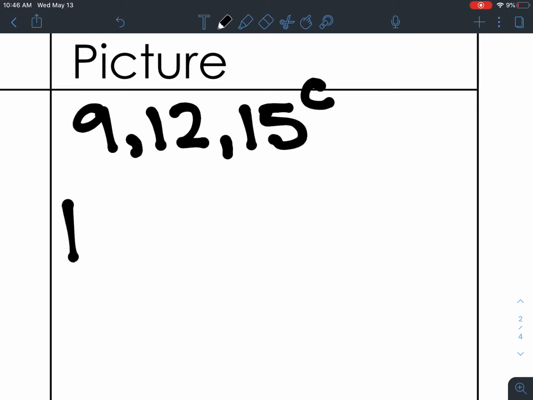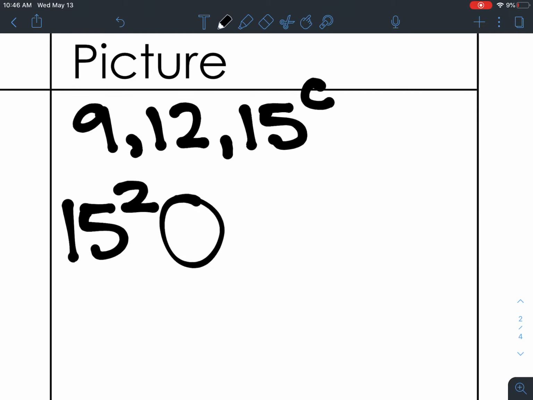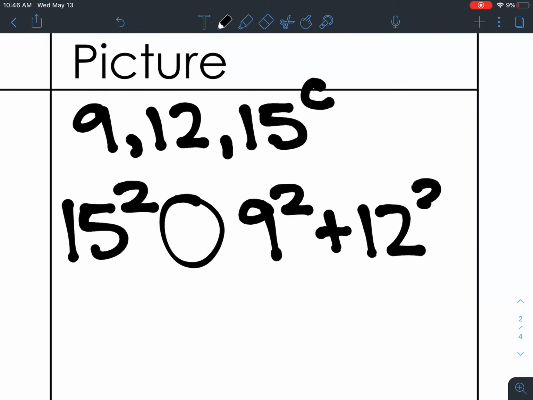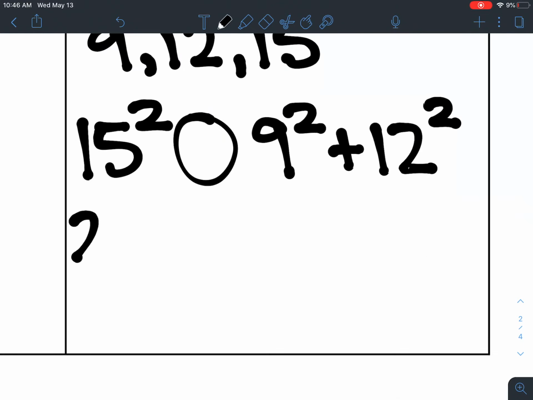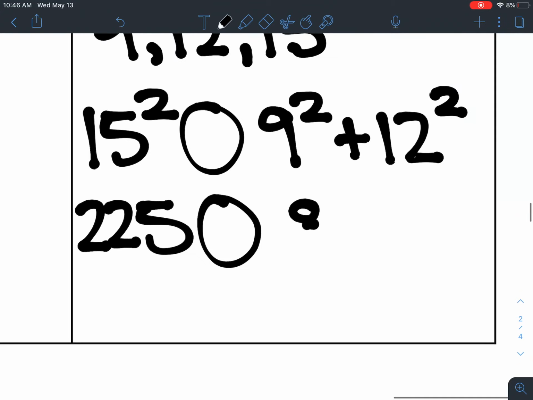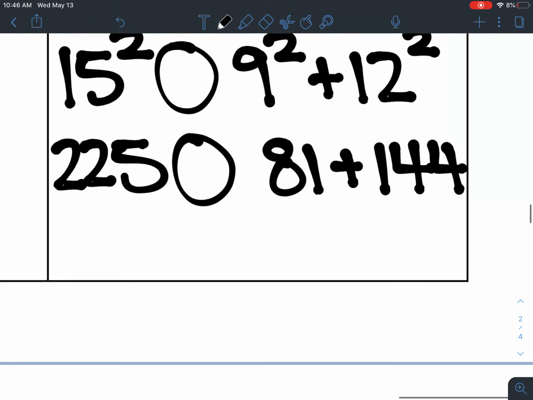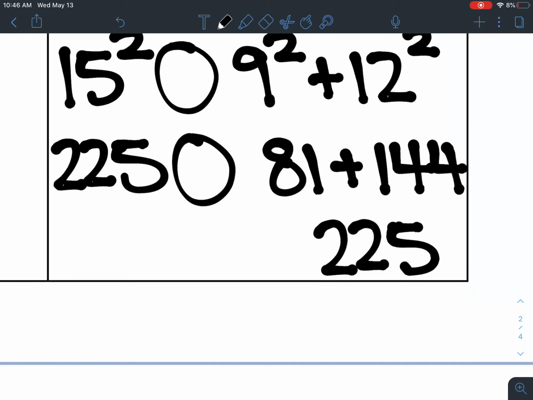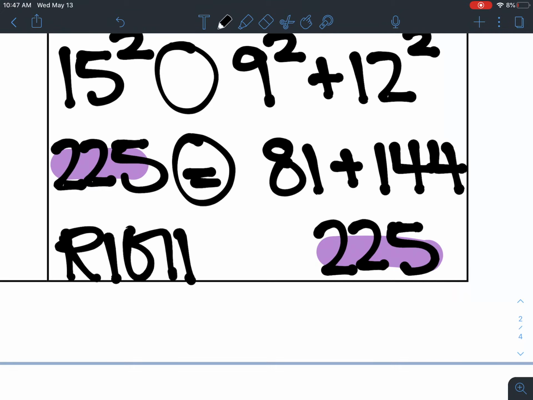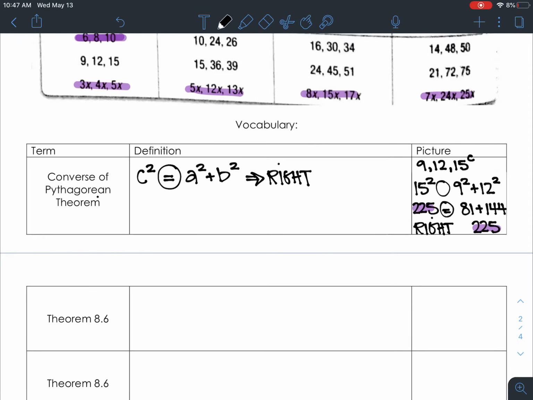So if I did 15 squared, and I'm going to compare that to 9 squared plus 12 squared, right? 15 squared is 225. 9 squared is 81. 12 squared is 144. And then if I added 81 and 144, I'd get 225. So do you see how these would balance out, that they're equal to one another? We know that triangle would be a right triangle, okay?